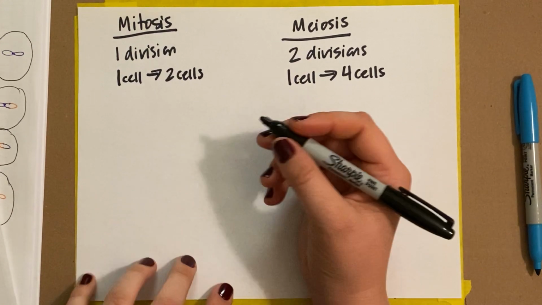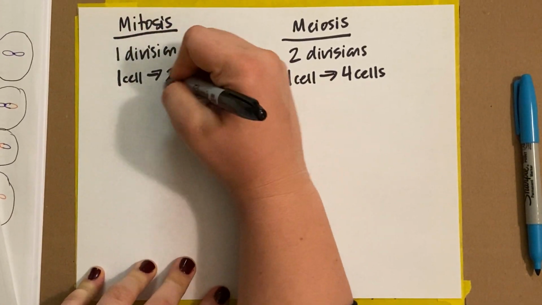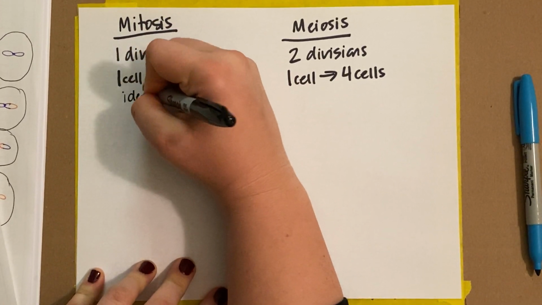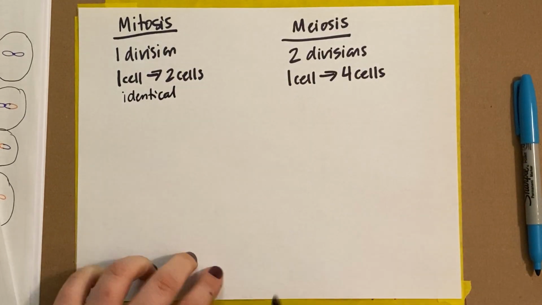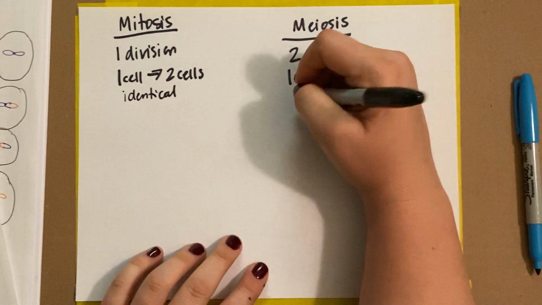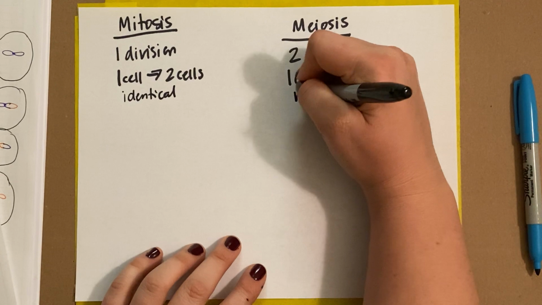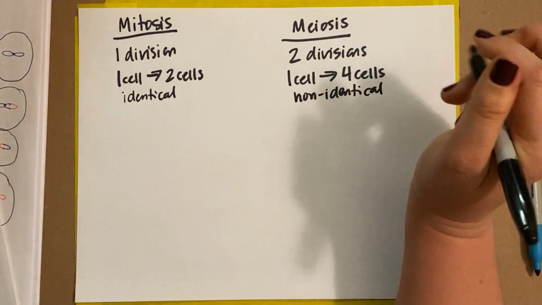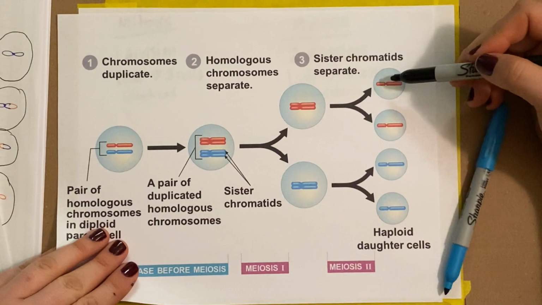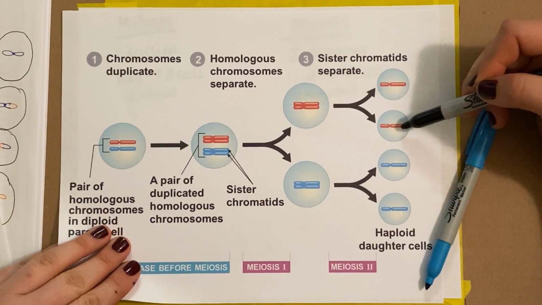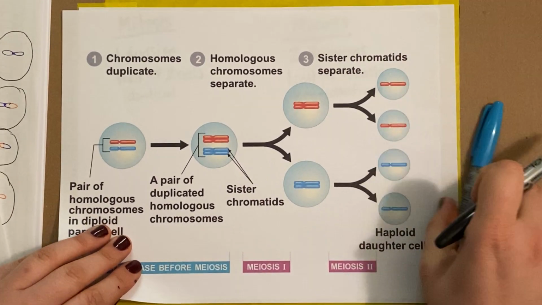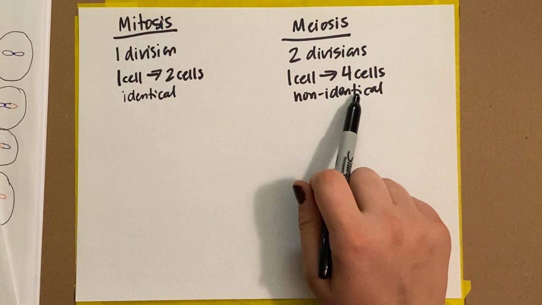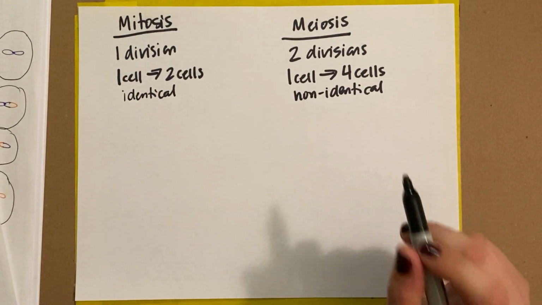When we do this one cell to two cells, these are going to be identical to each other. Okay, so all the same chromosomes, everything is identical. These are going to ultimately be non-identical. Okay, and so if I show you this, some of these have red chromosomes, some of them have blue chromosomes, so they are not identical to each other. So non-identical, which is important because that's what we want to happen in sexual reproduction.